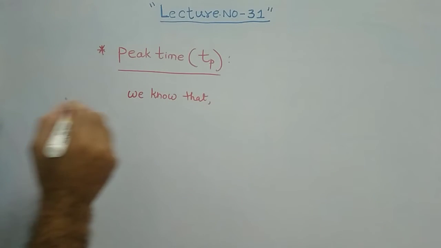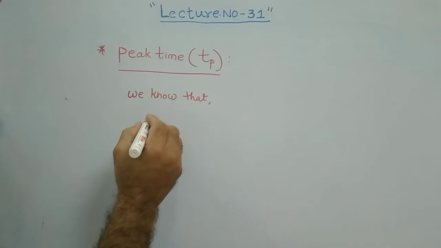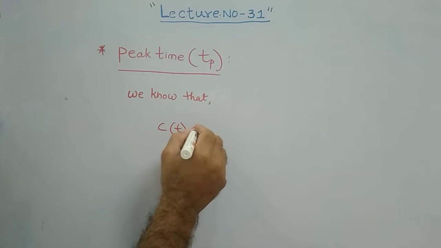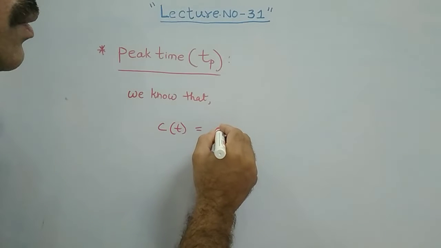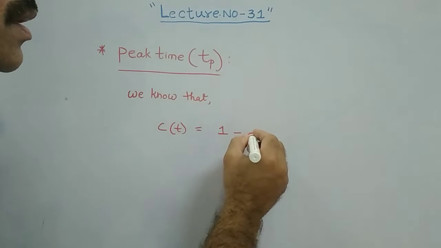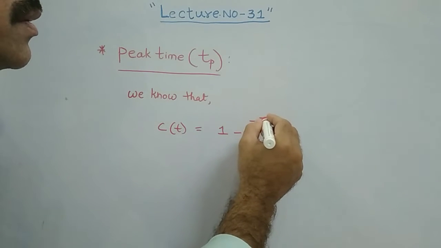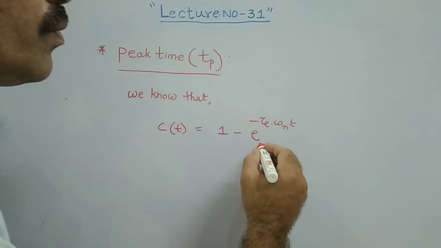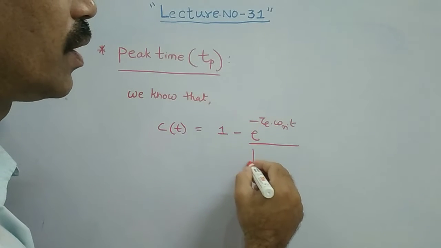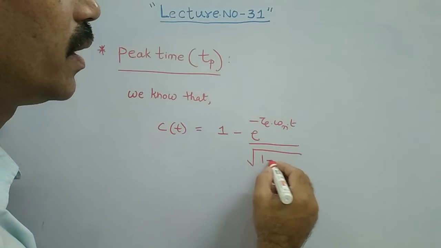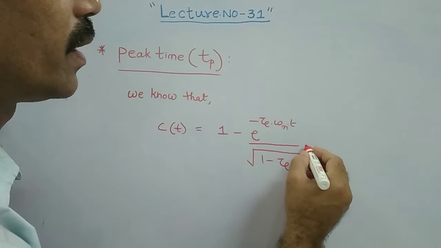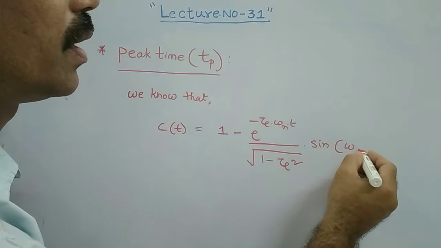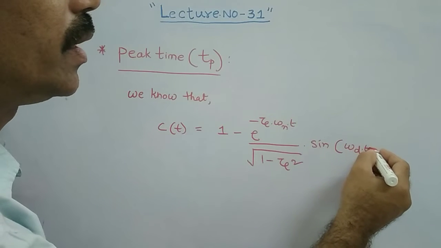The response of a second order system is C of t. C of t is equal to 1 minus e power minus zeta omega n times t under square root of 1 minus zeta square into sine of omega d times t plus theta.